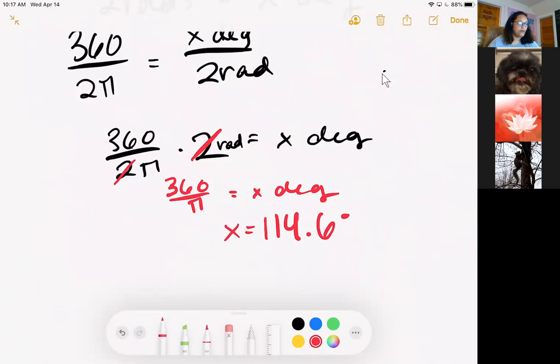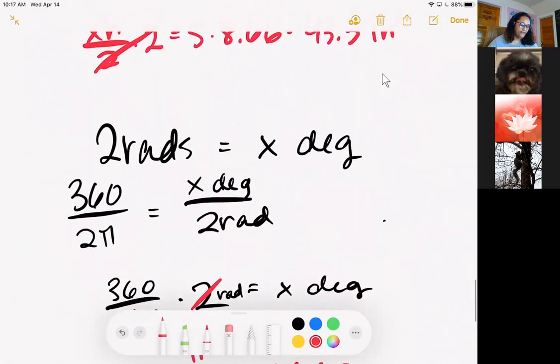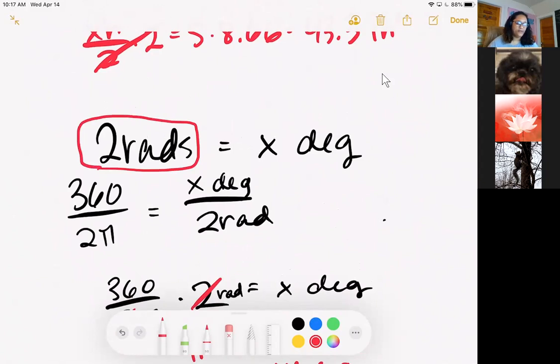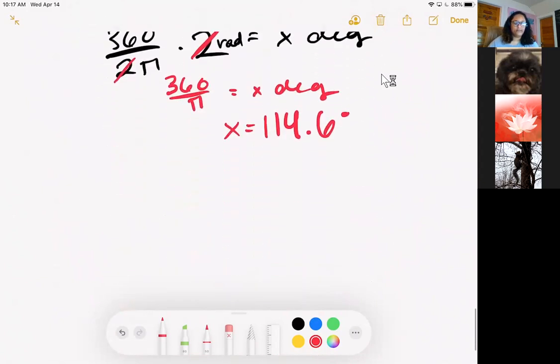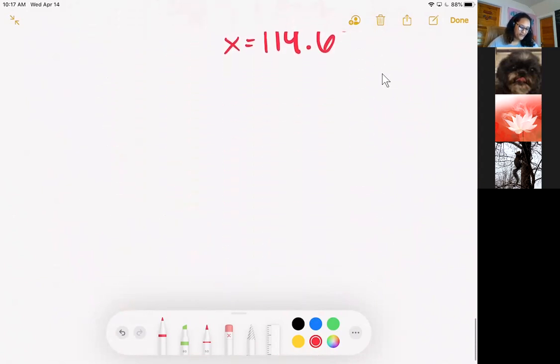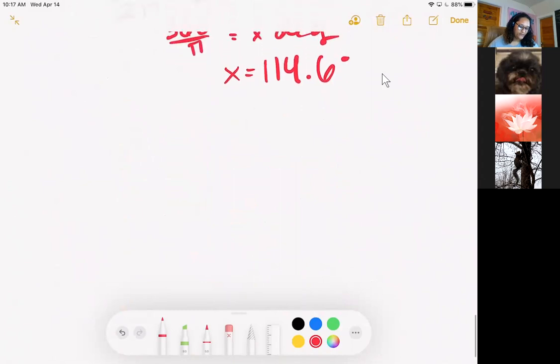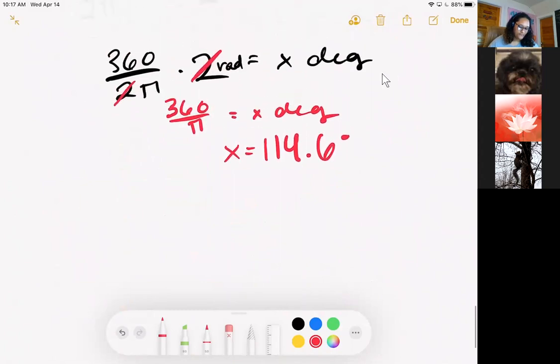So 2 radians should be double that. That's how I was checking my answers. So you can write radians in terms of pi or in terms of a decimal or a number, but the conversion rate is the same, right? It's always going to be either 360 over 2 pi, or 180 over pi the other way.